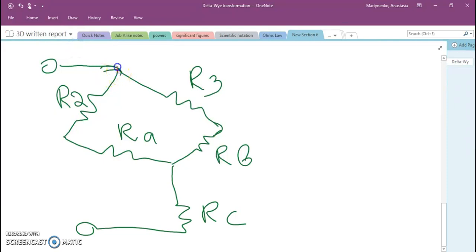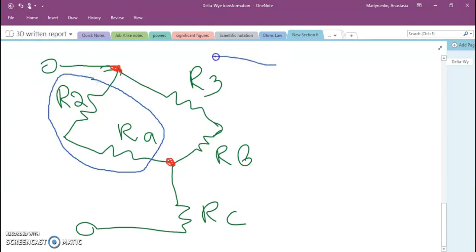And if you notice, this place has only two nodes, one over here and one over here. That means that these two are going to be in series, and these two are going to be in series. That's perfect, right? I can simplify this, then I have obviously clearly two parallel branches, and I can finish solving the circuit. But before I do this, I need to know what is RA, RB, and RC.